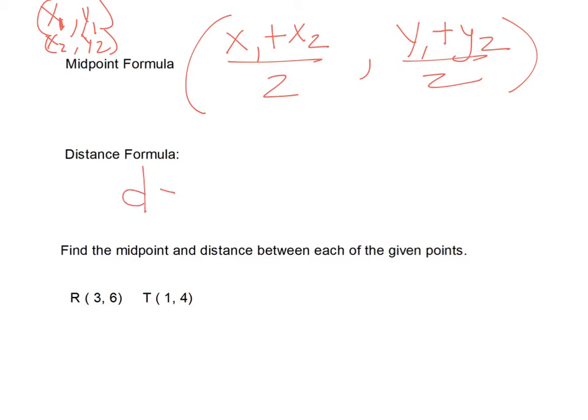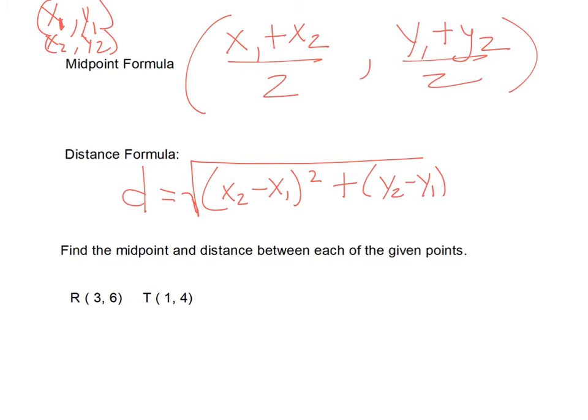Distance formula: distance equals, now they have it all solved out so you don't have to do the square root, but you do the square root of x2 minus x1 squared plus y2 minus y1 squared. Square root that whole thing, okay? And what is that really?